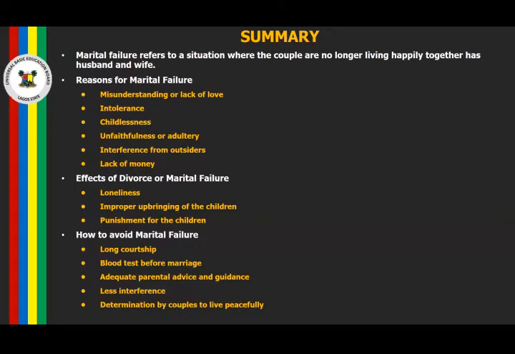What are the effects of divorce? We also talked about loneliness, improper upbringing of the children, and punishment for the children. And lastly, how to avoid marital failure: long courtship, blood test before marriage, adequate parental advice and guidance, less interference, determination by couples to live happily.